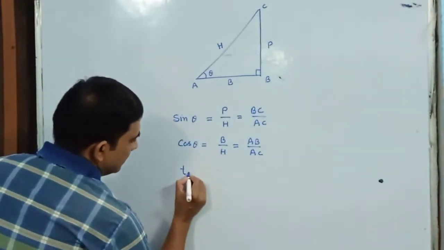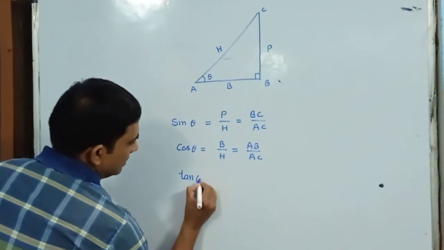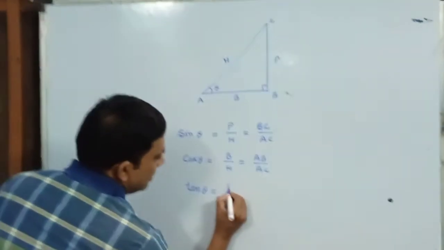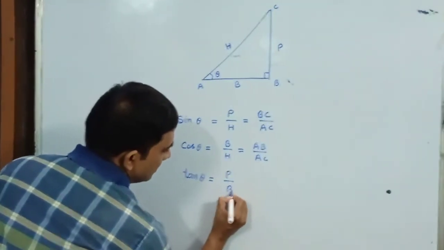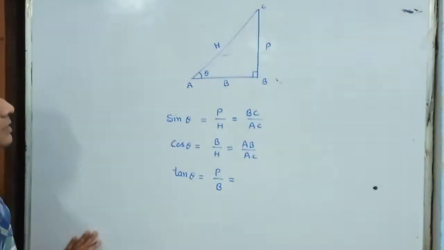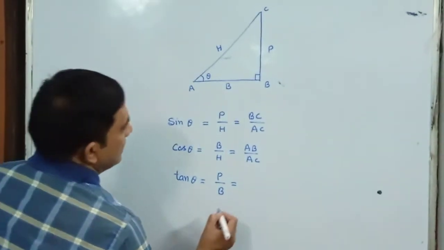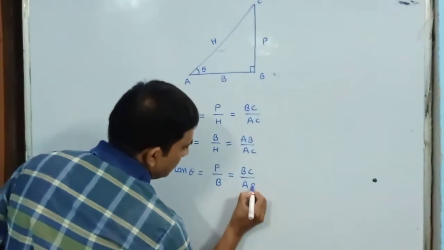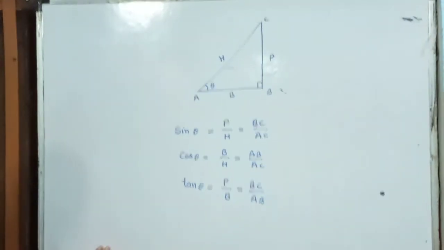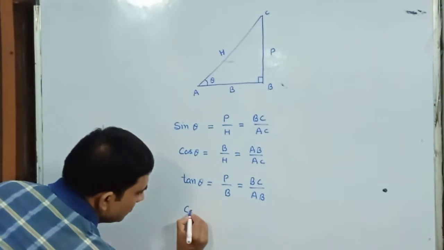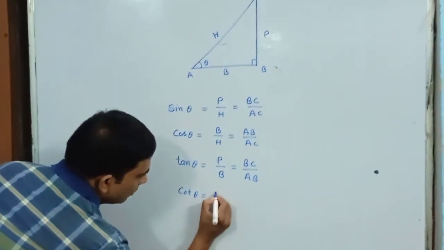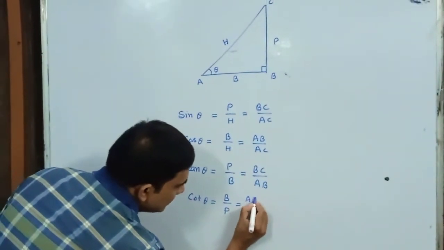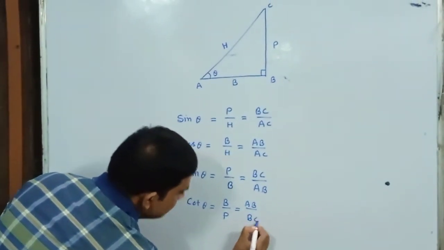And tan theta is equal to perpendicular by base. In terms of sides, it is BC by AB. Right? And cot theta is equal to B by P. In terms of sides, AB by BC.